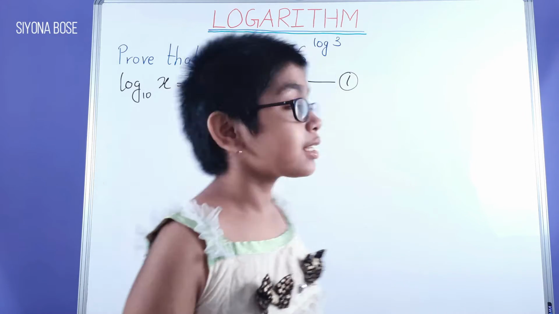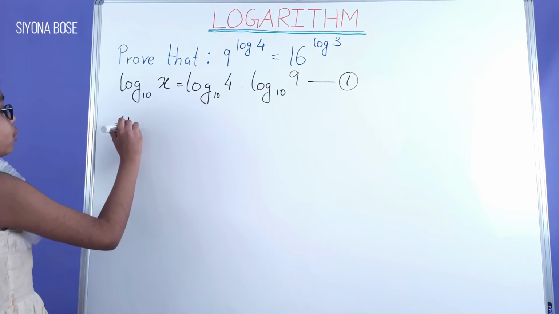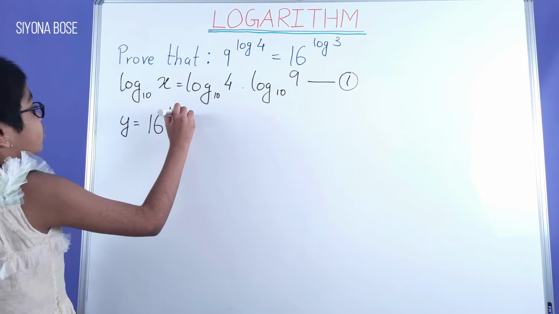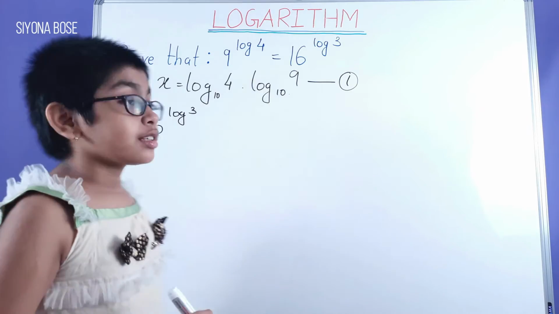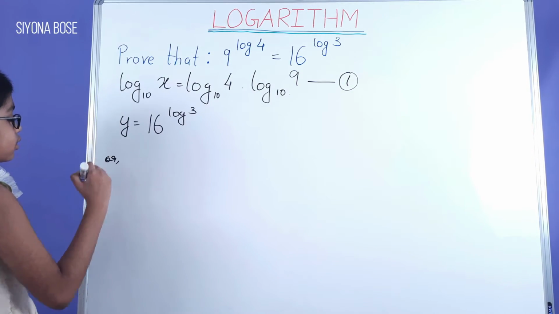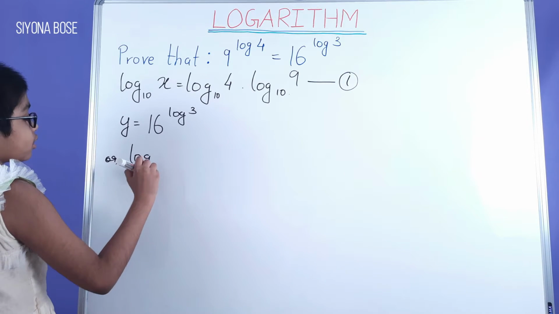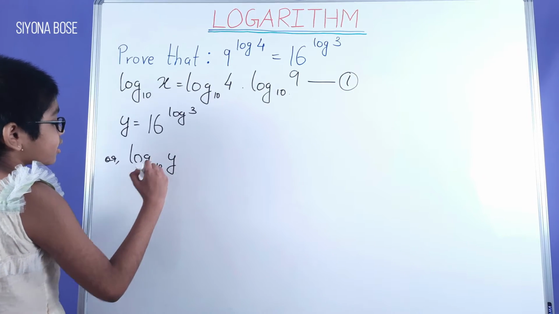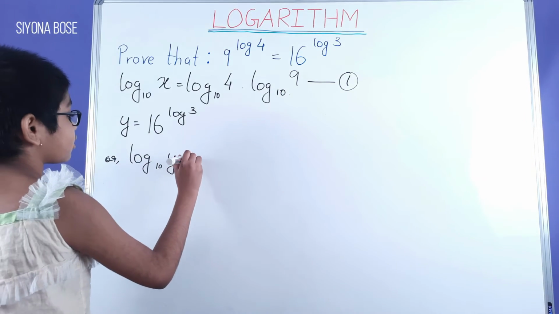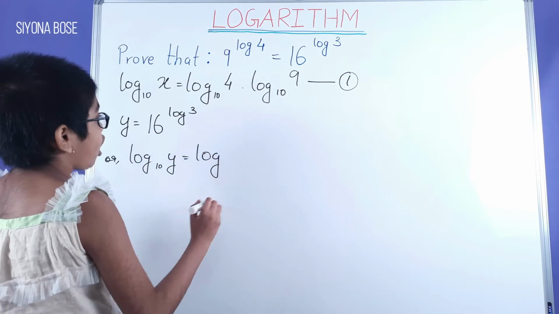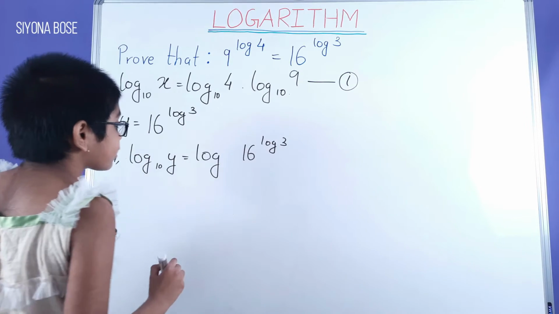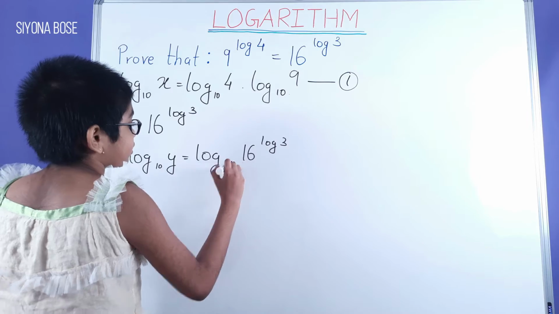Now let's work with y equal to 16 to the power of log 3. Log y to the base 10 is equal to log of 16 to the power of log 3 to the base 10.